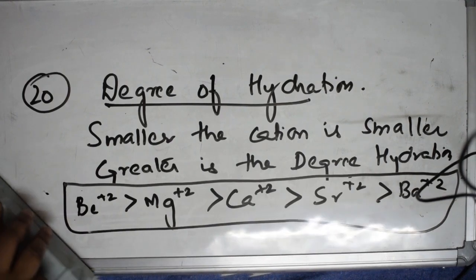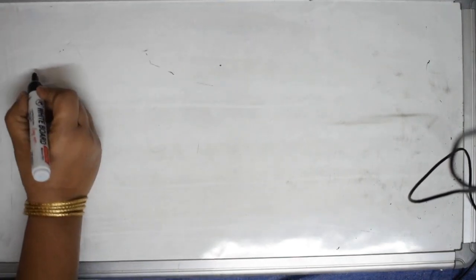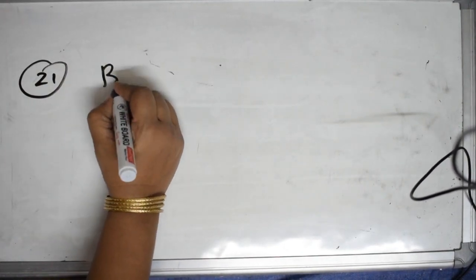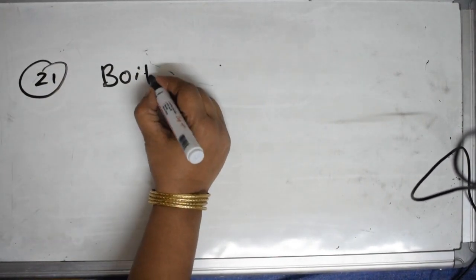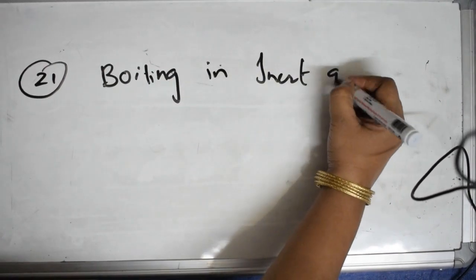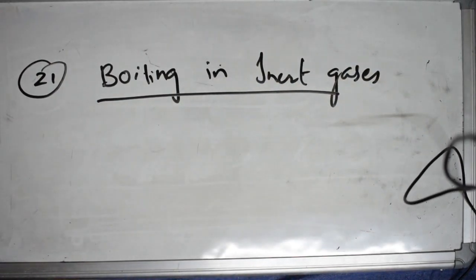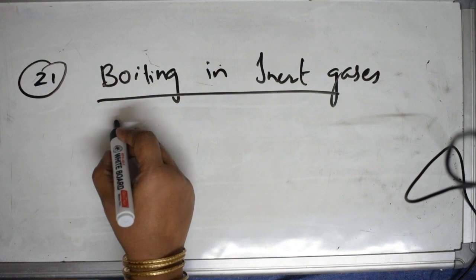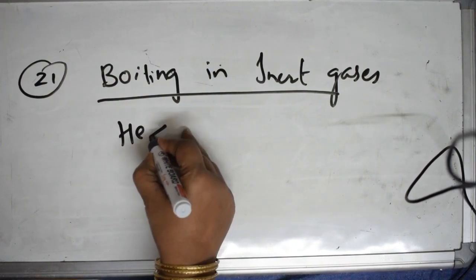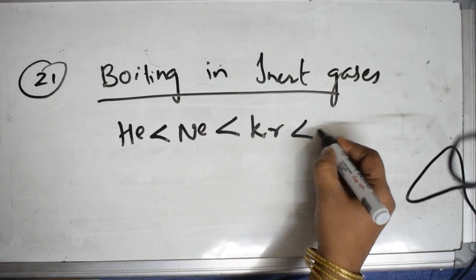Now let us write the 21st trick, that is the trick based on boiling point in inert gases. Always remember the order of boiling point for inert gases: helium is less than neon, less than krypton, less than xenon.